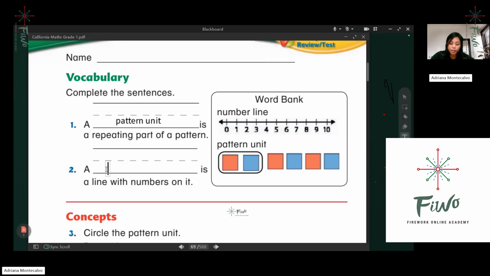A number line. A number line. Continue reading. Kong, a number line is? A line with numbers on it. A line with numbers on it, which is this one.